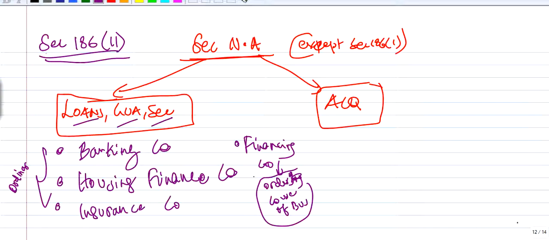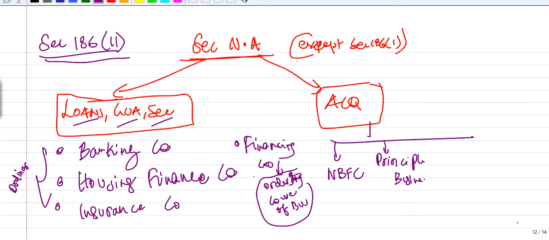What about the acquisition? This is not applicable to the NBFC whose principal business itself is acquisition of shares. For such company, principal business itself acquisition, for that also not applicable. NBFC, principal business for itself is acquisition company.